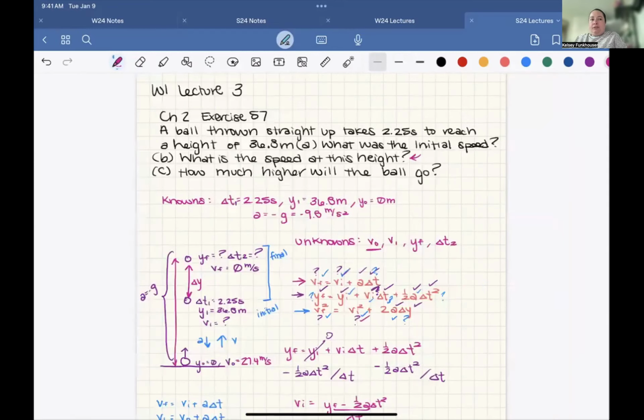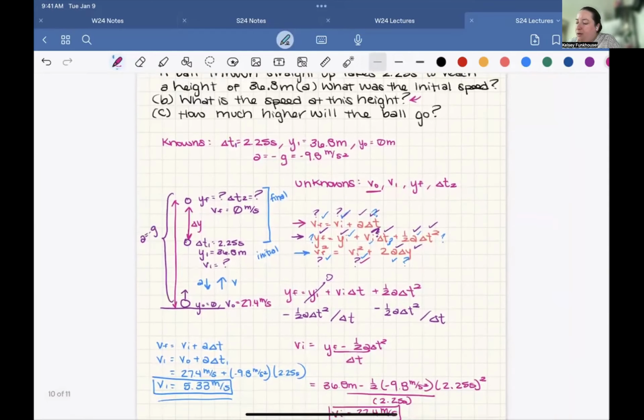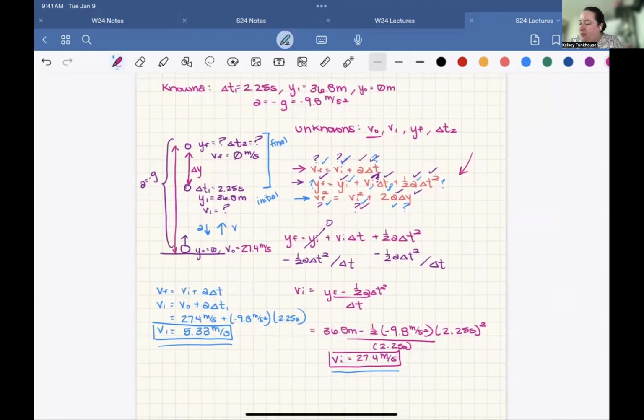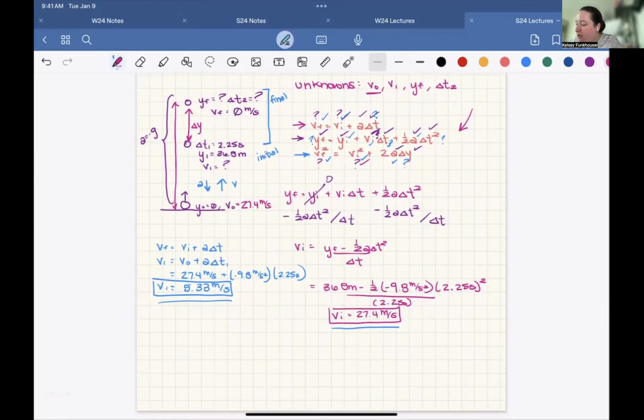Okay, so I know this was a long one, but let's quickly go over what we did. We wrote out our knowns and unknowns. We drew the situation to make it easier on ourselves, because it was asking about technically 3 separate chunks of time. We looked at our equations in each of those scenarios. That's what all the colors are, to see which equation would work best based on what knowns and unknowns we have.